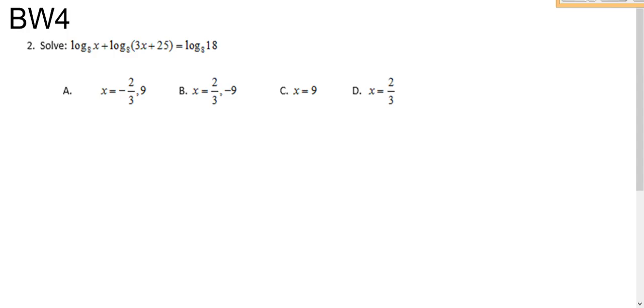Bell work 4, question 2. We have log base 8 of x plus log base 8 of 3x plus 25 equals log base 8 of 18. Since they're all logs of the same base, we're going to combine them so we can solve this. We'll condense our 2 logs here, make that be log base 8. And then since it's addition, we condense it to be multiplication.